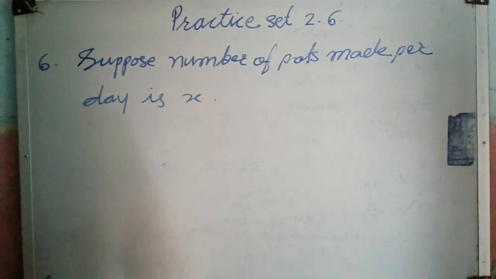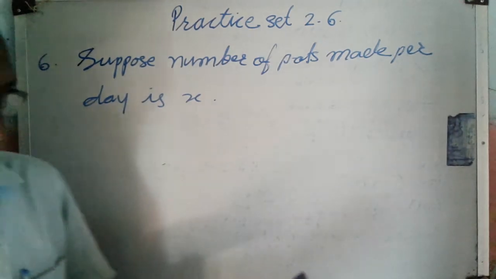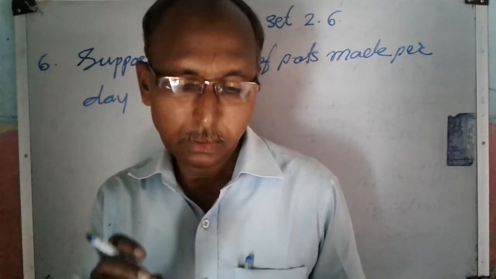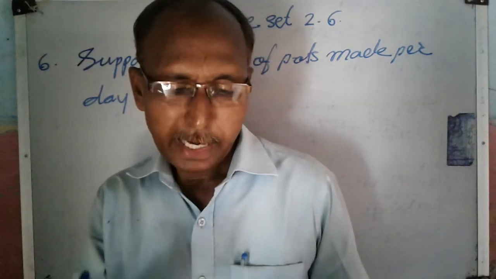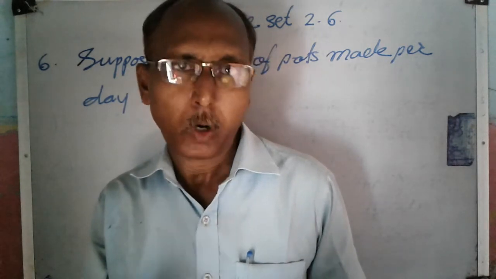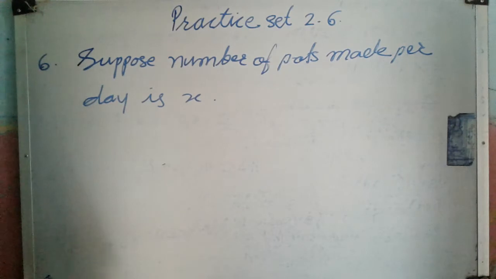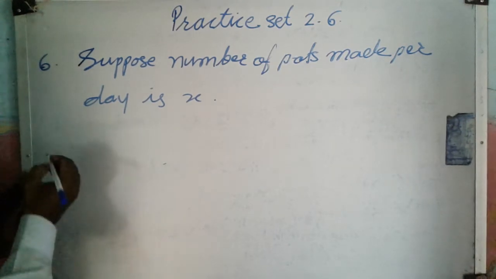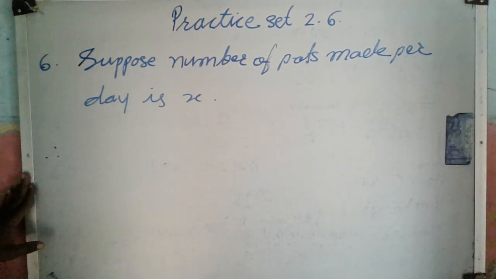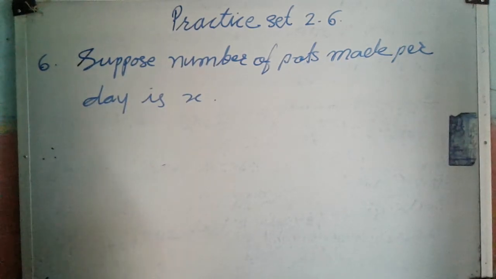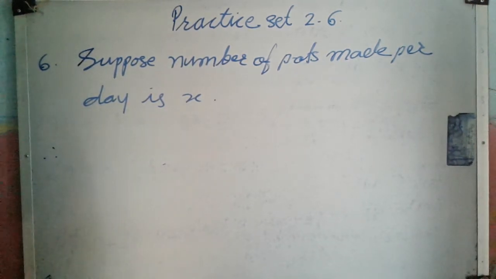Now see, according to the given condition, the production cost of each pot is rupees 40 more than 10 times the number of pots. So here x is the number of pots and 10 times x. That means we have to find the production cost of one pot, the production cost of each pot.